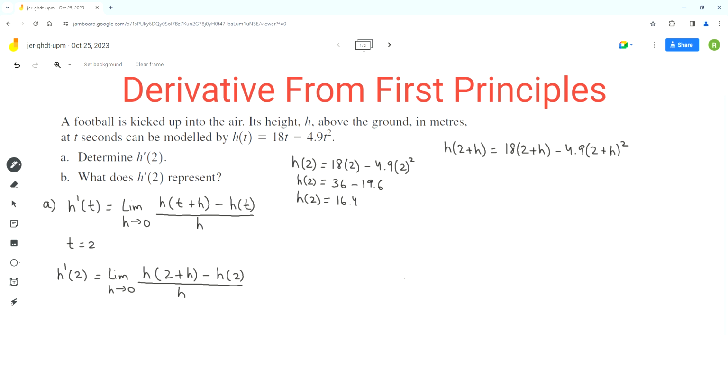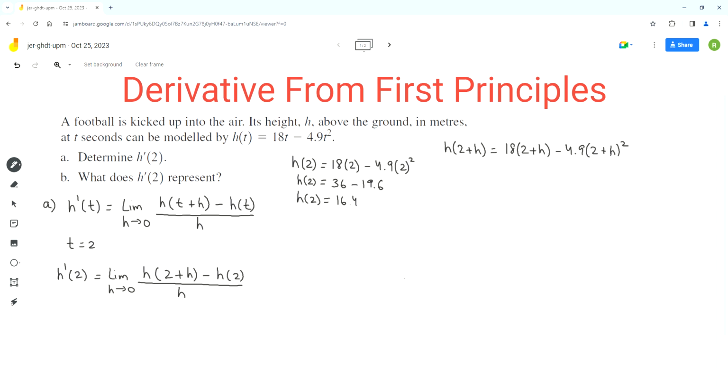Now I just want to make a distinction. We are given this function as h(t), but when we write this expression for first principles, the limit as h approaches 0, this h is not this function. This h is just a small quantity that we use to find the slope of the tangent, or the derivative of the given function. I just want to make sure there is no confusion on that.